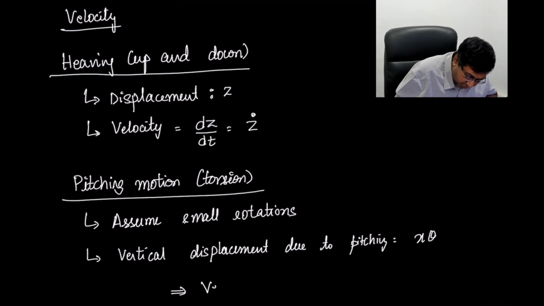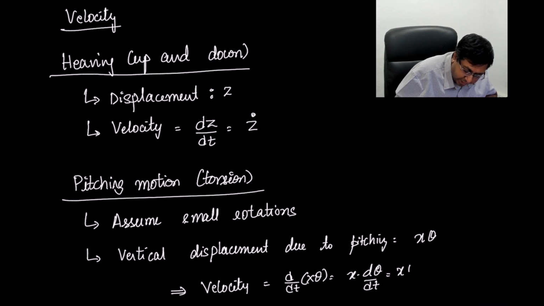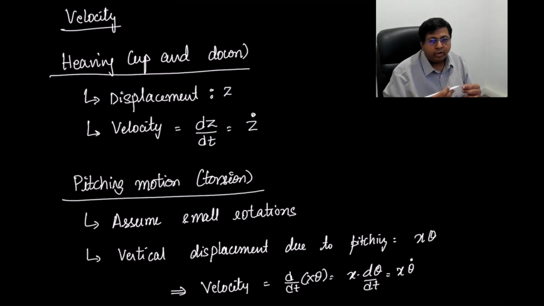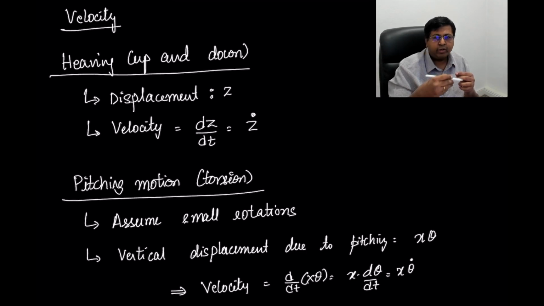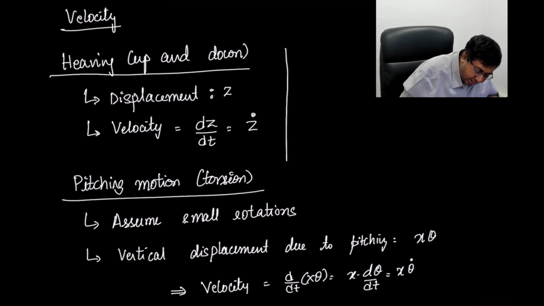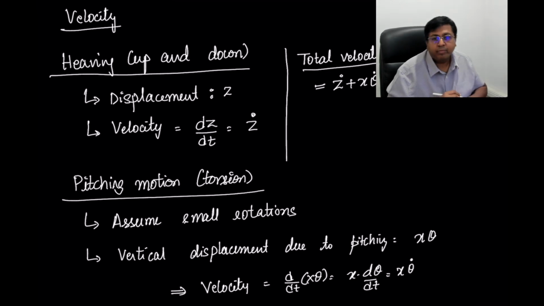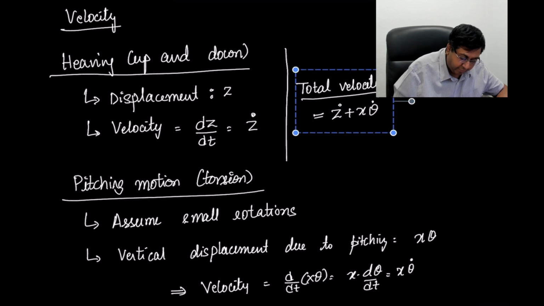That implies the velocity contribution is nothing but d by dt of x into theta, that is x into d theta by dt, that is nothing but x into theta dot. So we have velocity coming in because of the heaving motion and because of the pitching motion. And the total velocity, thus, is nothing but z dot plus x into theta dot. Okay, so that's our total velocity, or our total vertical velocity of the airfoil.